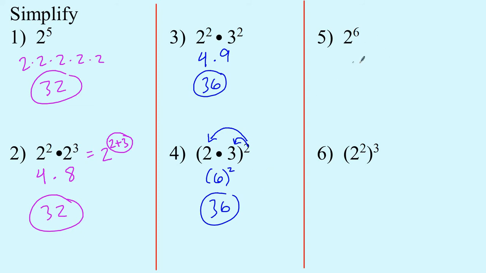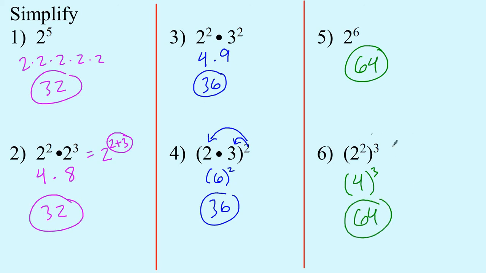Now, what do you do when you have a power to a power? Well first, 2 to the 6th, we should know that's 64. Now 2 squared is 4. 4 cubed is 64. So what was the property we retained here?